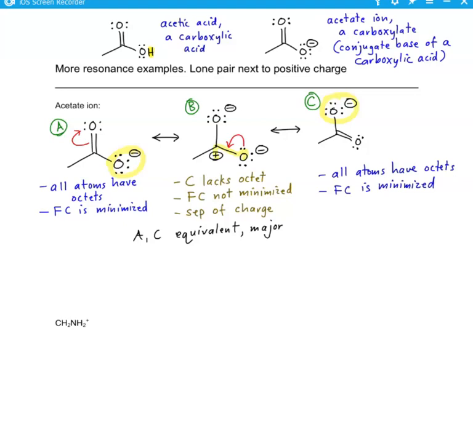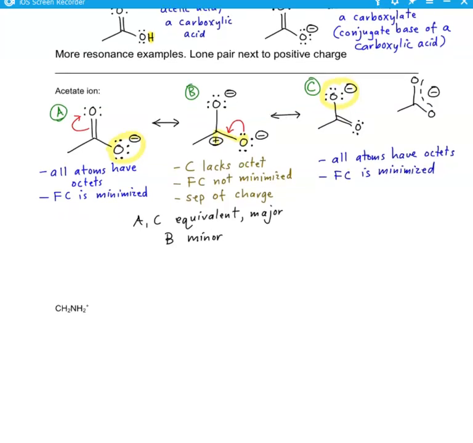So the negative charge is being shared between the two oxygens. In fact, you could draw the hybrid something like this, to show that that negative charge is delocalized. So although they are equivalent, they're not exactly the same structure. And then B, of course, we would consider the minor contributor.